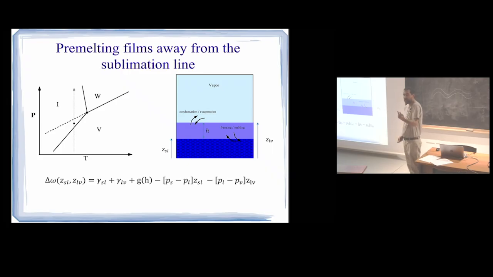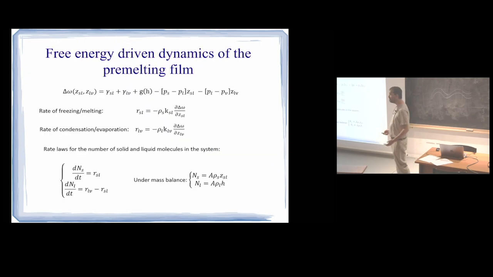Instead of 2 bulk phases, I have 3. The other day we studied an inner substrate, a pre-melting film, and the vapor. Now I need to account for the fact that this also depends on the thermodynamic state. Okay? I get this free energy, and the simple mind of doing non-equilibrium physics, when you are good at thermodynamics but not at non-equilibrium, is assuming that the dynamics is driven by free energy deviations from the equilibrium value.